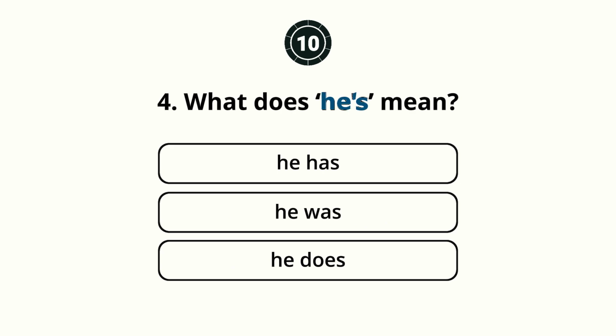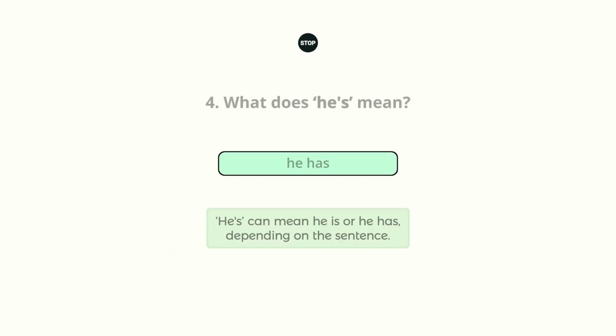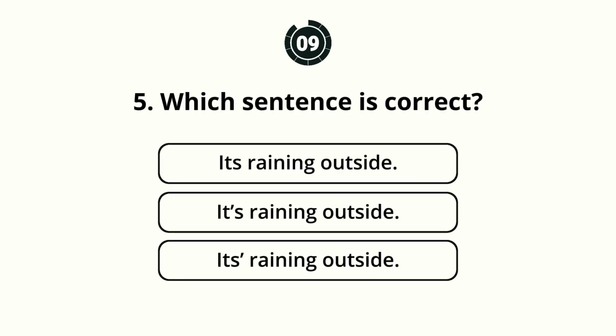What does he's mean? He has. Which sentence is correct? It's raining outside.